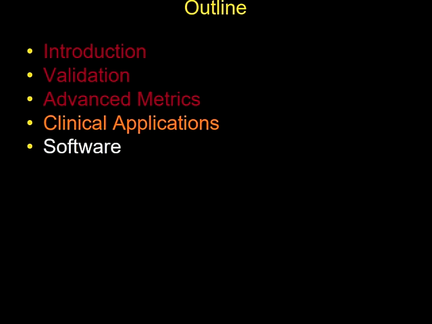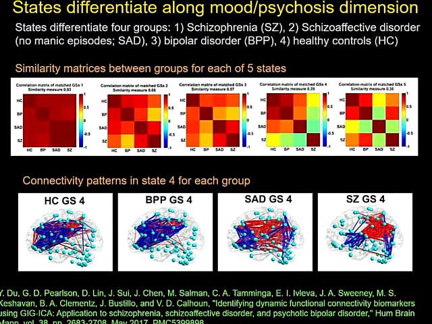So now let me jump through just a few examples of clinical applications. I think I've got about 8 or so slides here, each on a different example. In this case, we've used a dynamic connectivity or time-varying connectivity approach to look at individuals along the mood psychosis dimension. So we have schizophrenia, schizoaffective disorder, bipolar disorder, and healthy controls.